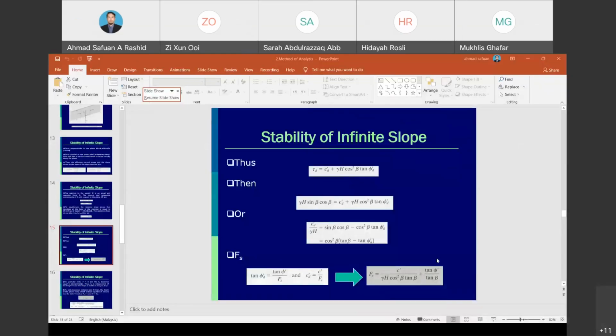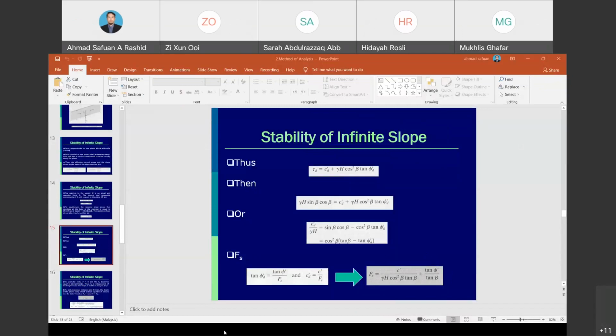This is an example for the slope where the groundwater level is far from the failure surface. You may use your calculator and try to calculate based on Dr. Kamarudin's example. What is the factor of safety value?